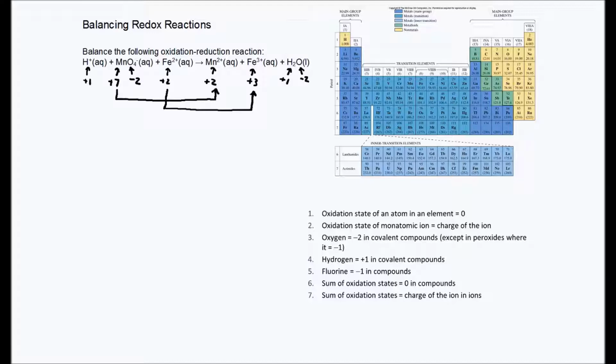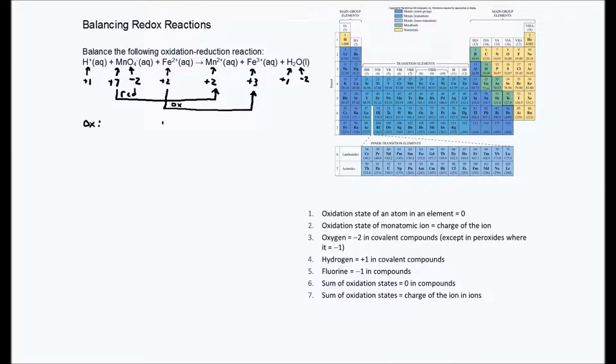Manganese, plus 7 to plus 2, is dropping. That's gaining electrons. That's reduction. Iron, plus 2 to plus 3, is increasing oxidation state. That's oxidizing. And now I pull apart my two half reactions.